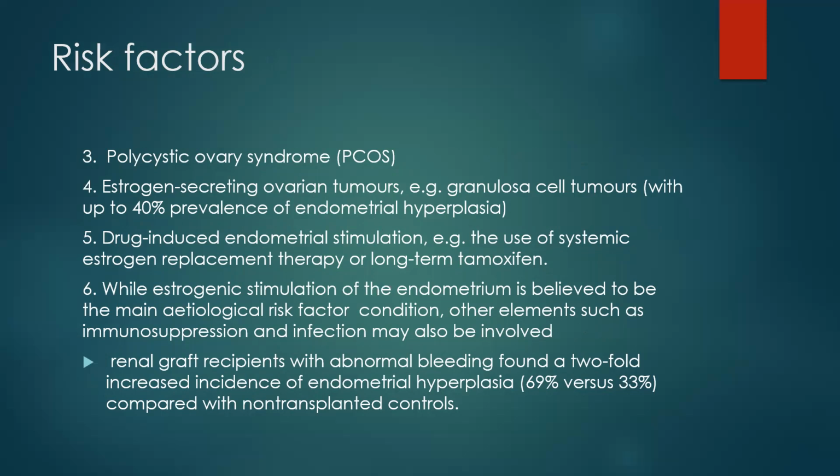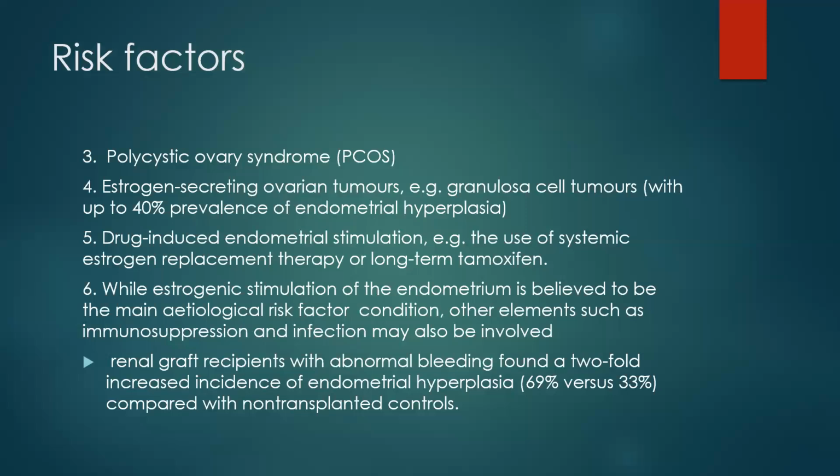And estrogen-secreting ovarian tumors, for example granulosa cell tumors, because granulosa cell tumors secrete estrogen, and this is another source of excessive estrogen in the body, with up to 40% prevalence of endometrial hyperplasia.